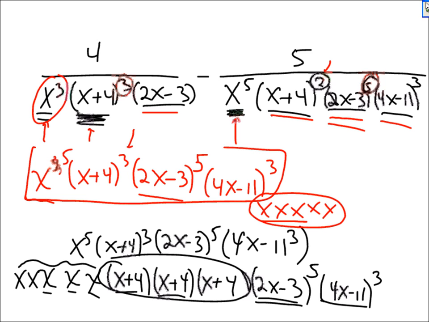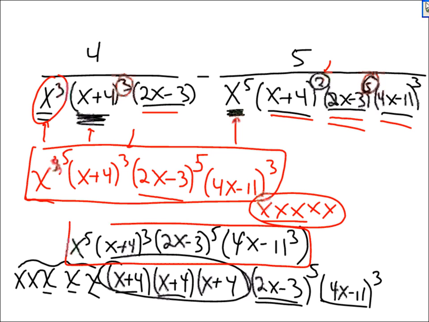Here is your LCD minus some silly error on my part. It's the same answer I have down here, and I actually do see a silly error down there. It's not 11 cubed, but rather 4x minus 11 all cubed.